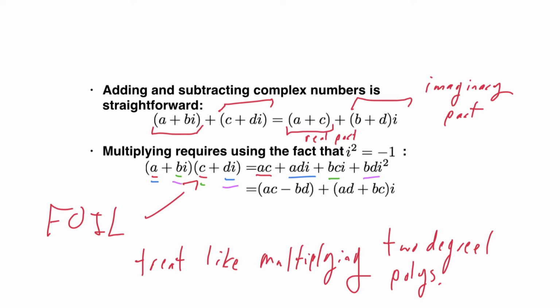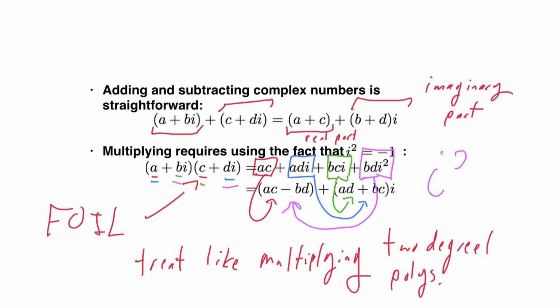I put the terms involving i here. But then this ac gets put together with bdi squared. And that's just because i squared equals -1. So bdi squared is really negative bd.